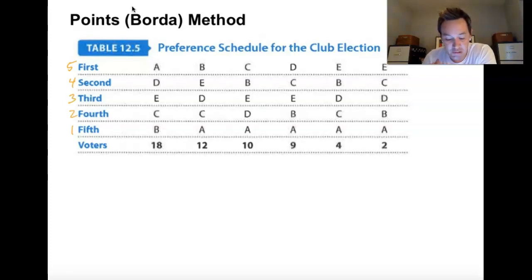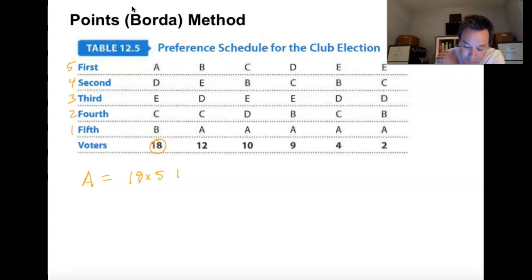And what you're going to do is go through each column for each candidate and total up how many points they get. So candidate A got 18 first place votes. So I'm going to multiply 18 by 5 plus. Then if you look at candidate A in every other column, they're in 5th place. So I'm going to add up the total votes that they had there.